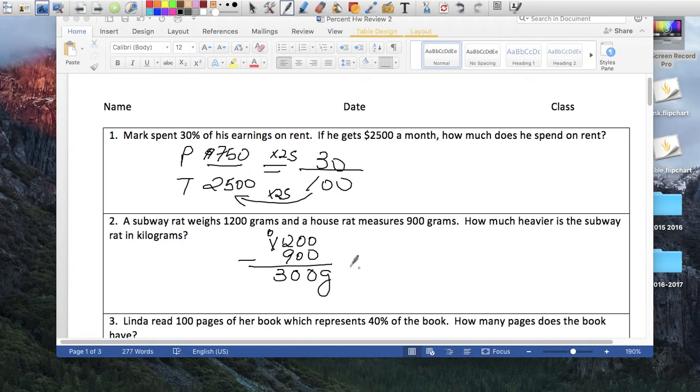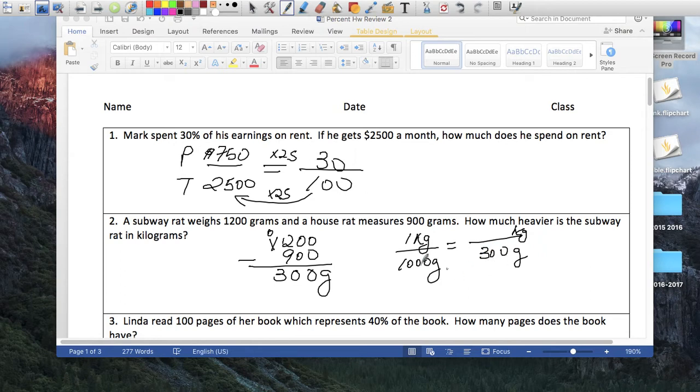But we don't want the answer in grams, we want the answer in kilograms. So on your reference sheet, 1 kilogram is 1,000 grams. Over here, you're going to write kilograms on top and grams at the bottom, and put 300 grams, which is the answer. We're going to change that into kilograms.